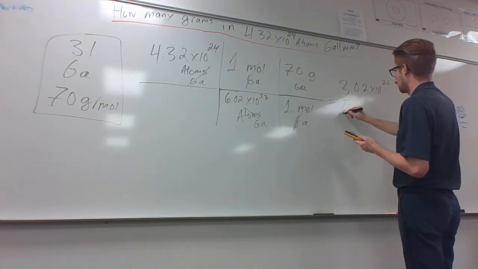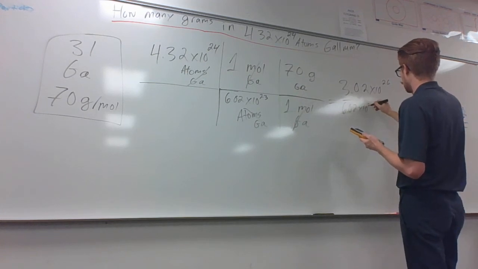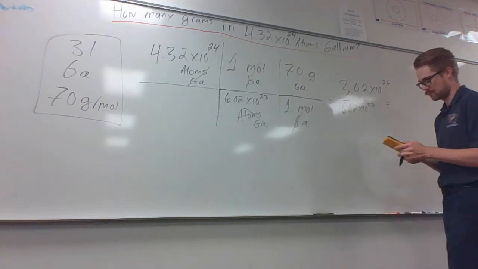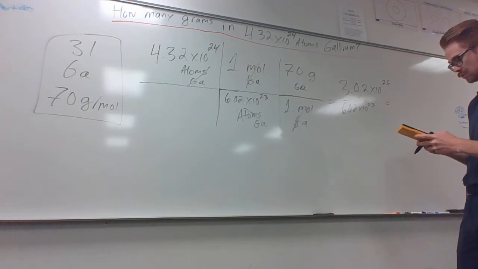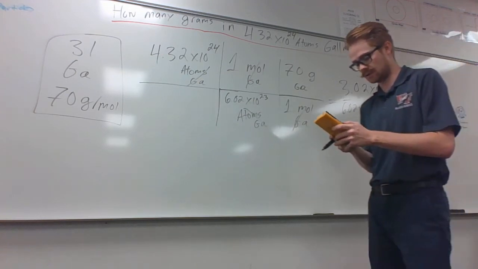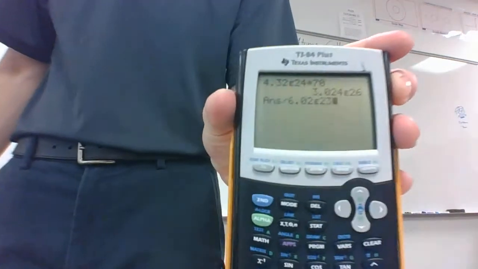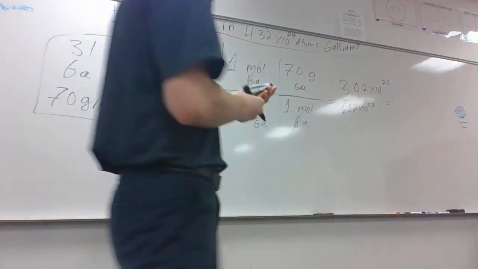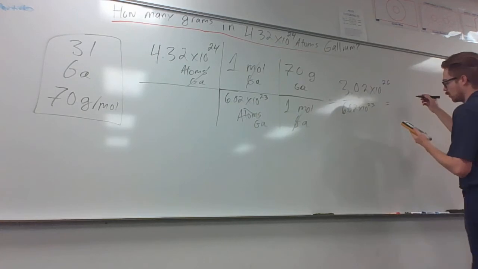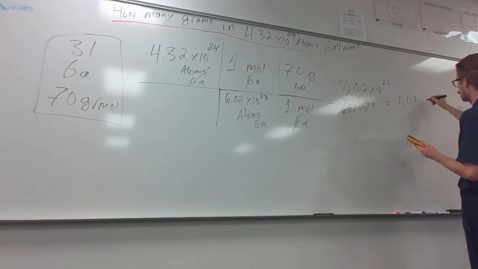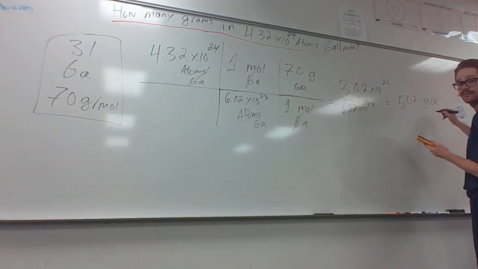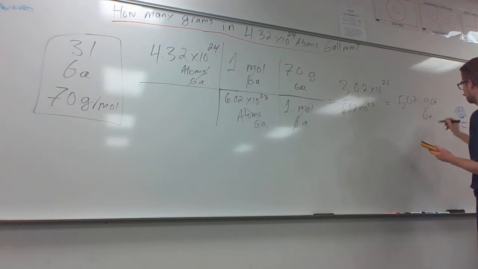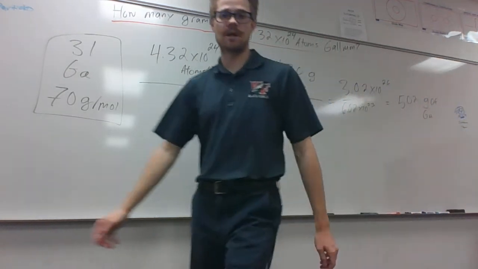Then we have to divide by 6.02 e to the 23rd. You can just hit divide straight away, and it uses the previous answer as your next term. Then divide by 6.02 times 10 to the 23rd, and we're left with 502 grams of gallium. Hopefully you can see it over here. 502 grams of gallium is our answer.